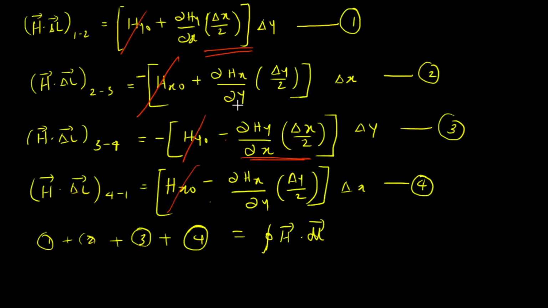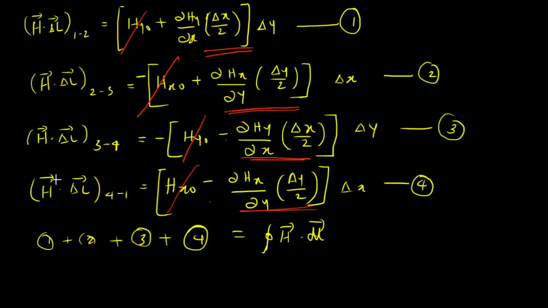In the same way, here you have the partial of Hx by partial y, delta y by 2, with a minus, because there is a minus outside. So minus partial Hx by partial y, delta y by 2 delta x, and here also minus partial Hx by partial y. So 2 times, but negative, you get minus 2 times this. I hope the addition is clear.